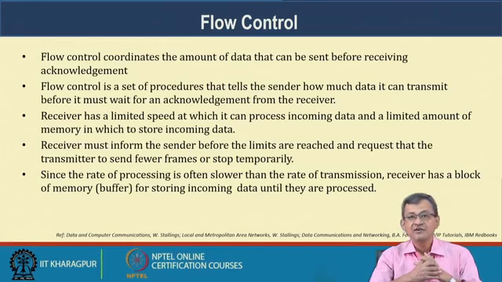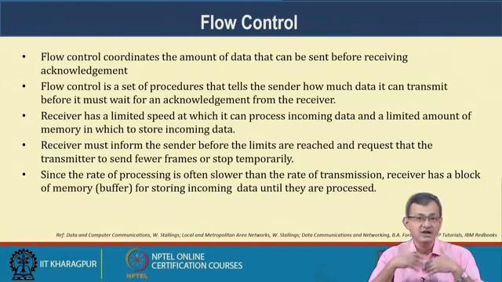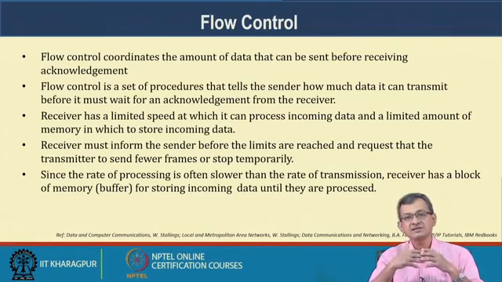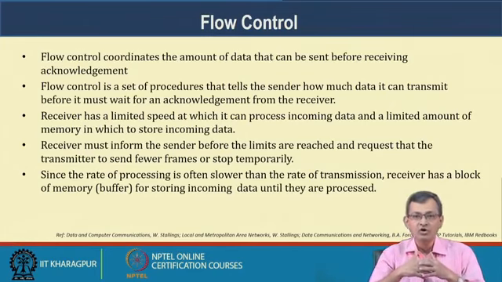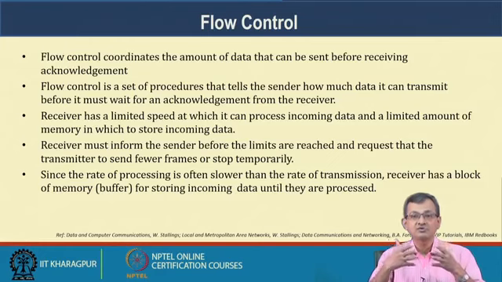So, if it is hungry for data, it asks the sender to send more, or if it is being overwhelmed with data, it should say stop sending or send at a reduced speed. All this has to be through a procedure which is primarily a flow control mechanism.